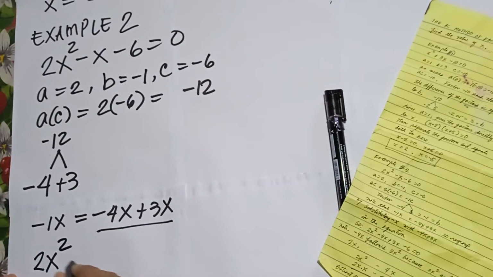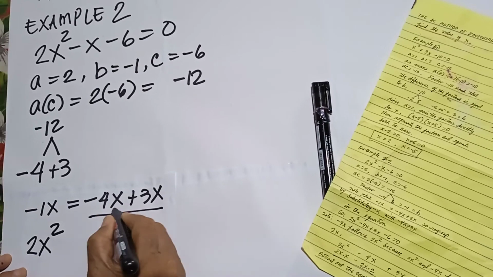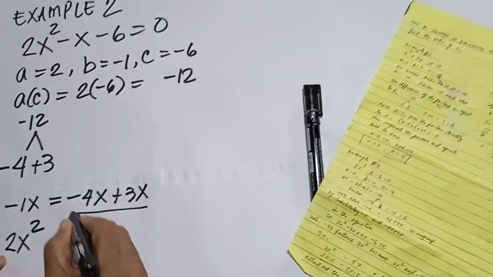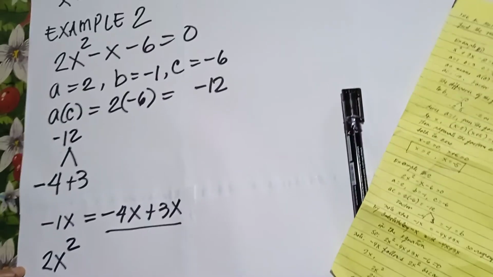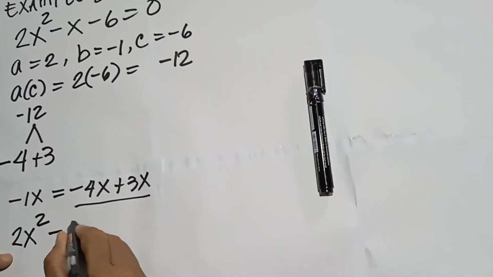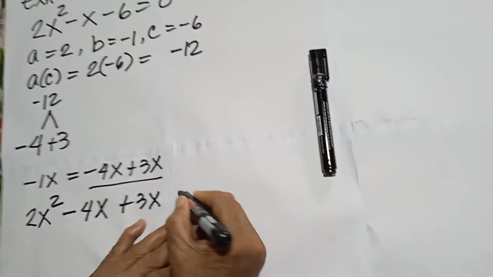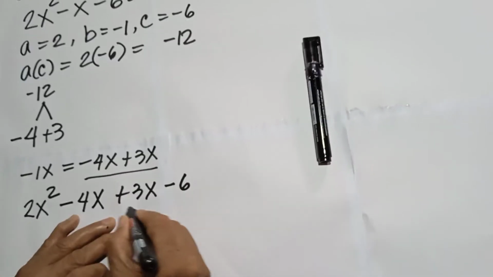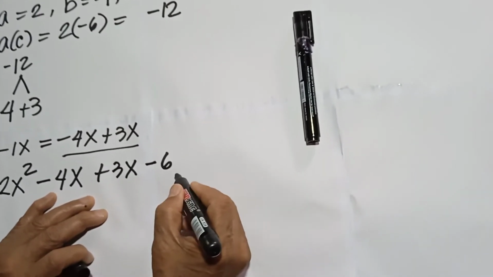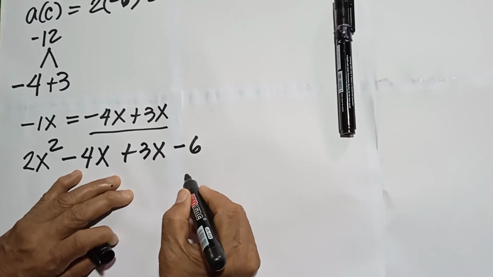2x squared. You choose negative 4x first, because there are common factors for 2x squared and negative 4x, that is 2x. Then 3x minus 6, because the last two terms have a common factor of 3.